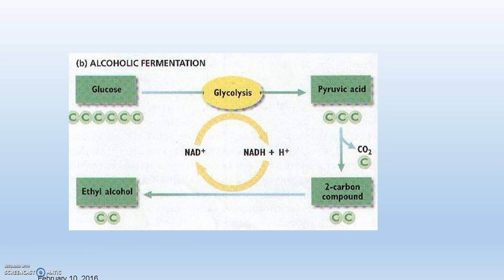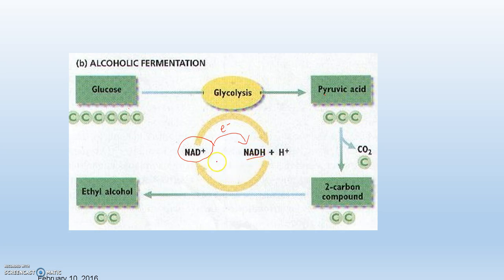The second type of fermentation is alcoholic fermentation, which does not happen with us, of course, it happens with yeast. Here, glucose is once again converted via glycolysis to pyruvate, or pyruvic acid. In this process, the coenzyme NAD accepts high energy electrons and is reduced to NADH.